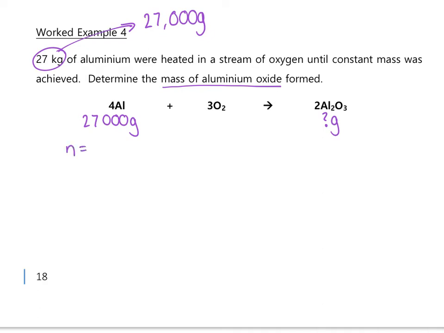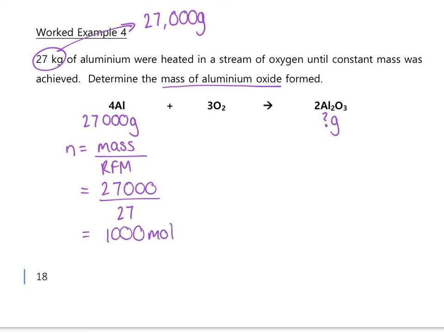So I need to convert the mass of aluminium to moles first of all. N equals mass over RFM. The mass is 27,000. The RFM of aluminium is 27. 27,000 divided by 27 is 1,000.